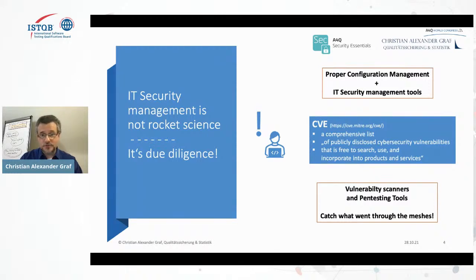So you have to do something to catch what went through the meshes of your configuration and security management. And also, these tools use the CVE list and have already automated testing programs and scripts to test for certain vulnerabilities and to check if you have installed any services, or if they can find by scanning any services that are on the CVE list in the proper version.